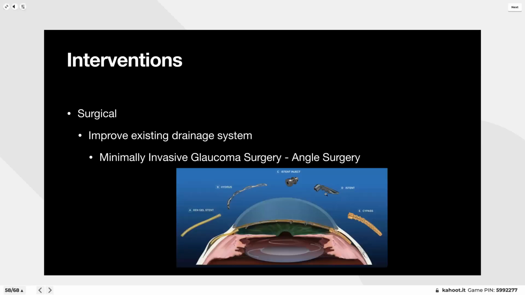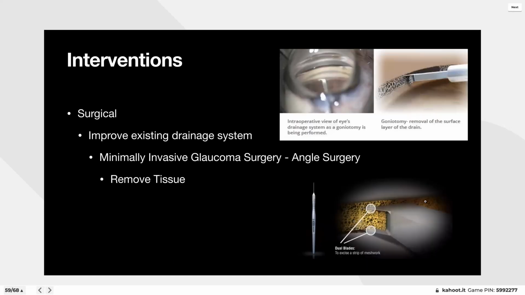Next, we'll talk a bit about improving the body's existing drainage system. So that's where, if you remember, we had the existing iridocorneal angle where the trabecular meshwork is, which is the drainage channel for the eye. Now we have what's called minimally invasive glaucoma surgery, where we do treatments on that angle to help it drain a bit better. So first option is we can remove the tissue of that angle here.